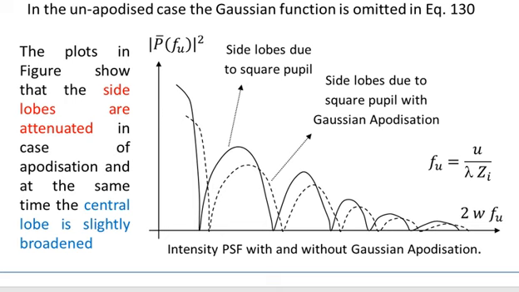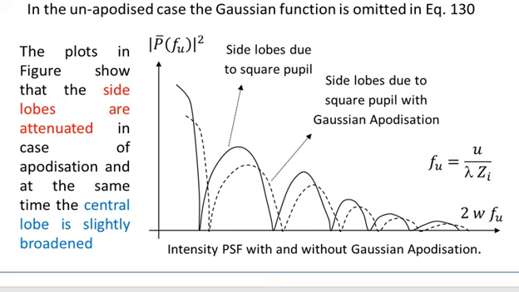This point spread function is symmetric, so the main lobes of both plots will extend on the other side of the zero axis, and the side lobes will also extend because this is symmetric.